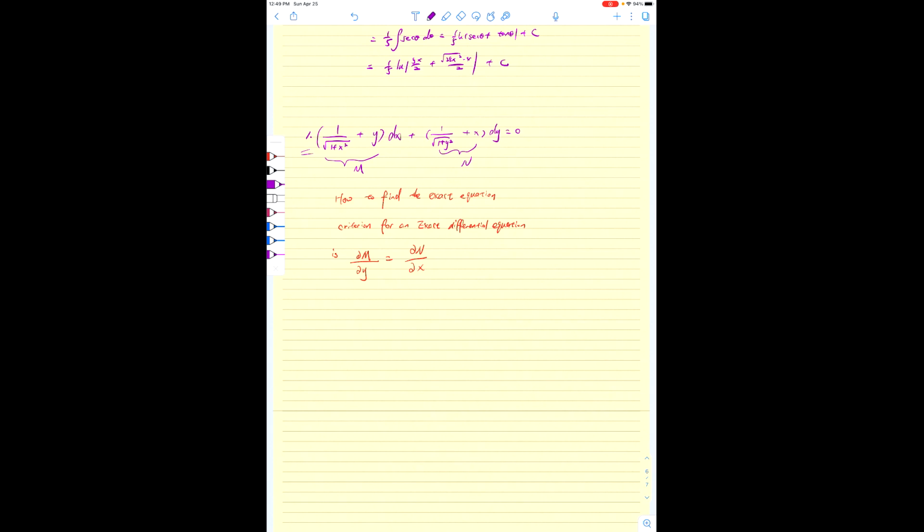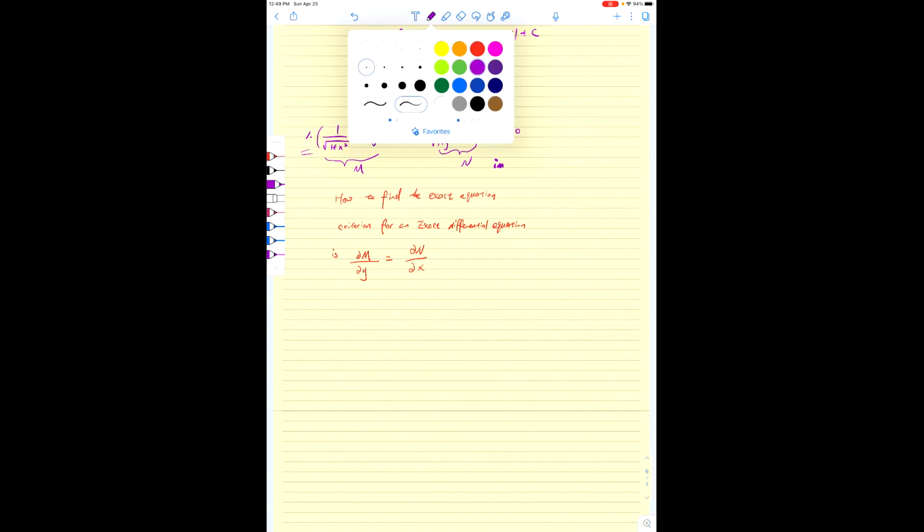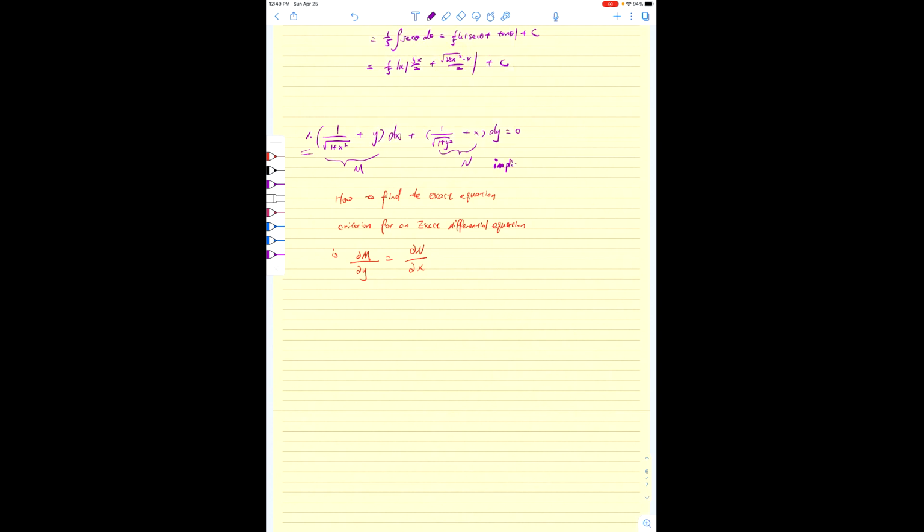Basically, we need to find the implicit function of these differential equations. And since we know our goal, we need to use our tool to get there.